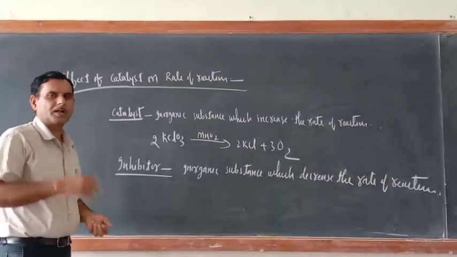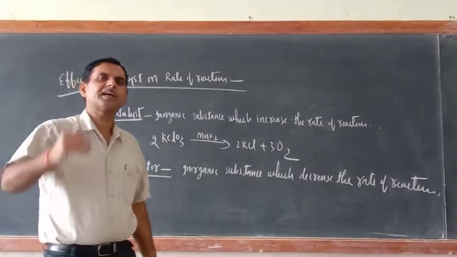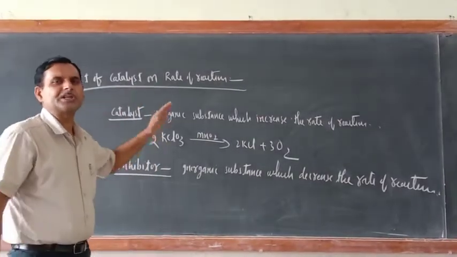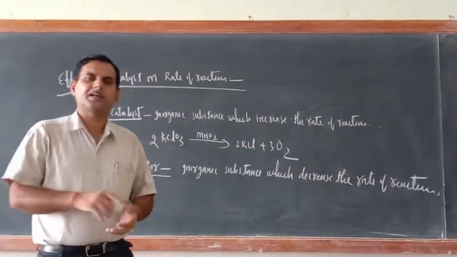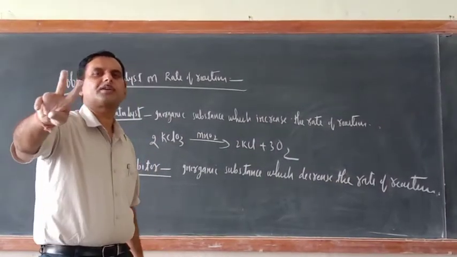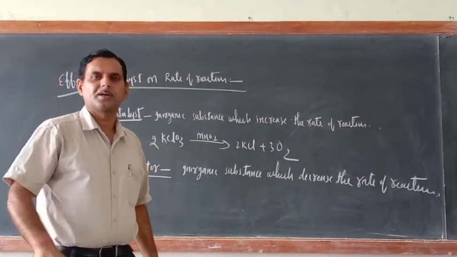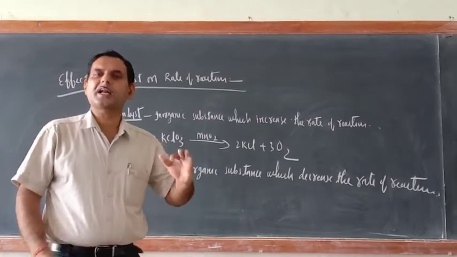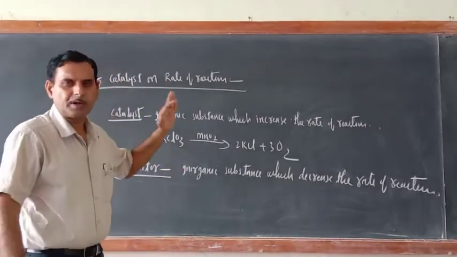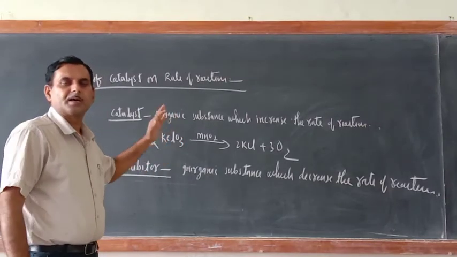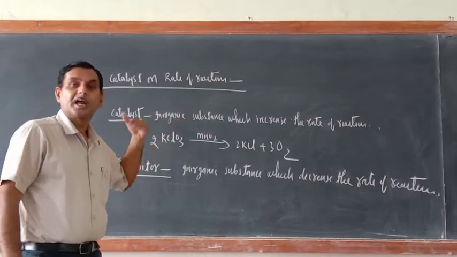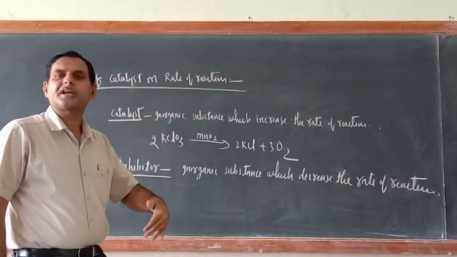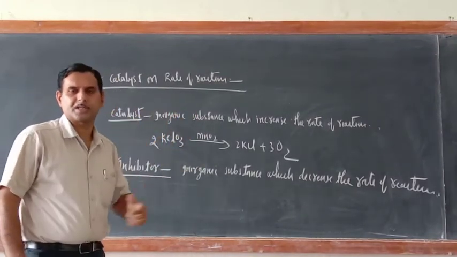So you know what catalysts are? Catalysts are substances which increase the rate of reaction. Earlier there were two types of catalyst: one is the positive catalyst and another is the negative catalyst. The catalyst which increases the rate of reaction is the positive catalyst, and the catalyst which decreases the rate of reaction is known as the negative catalyst.